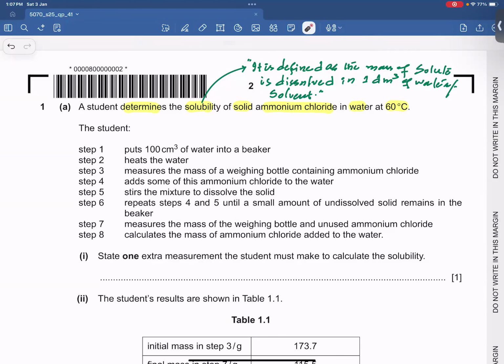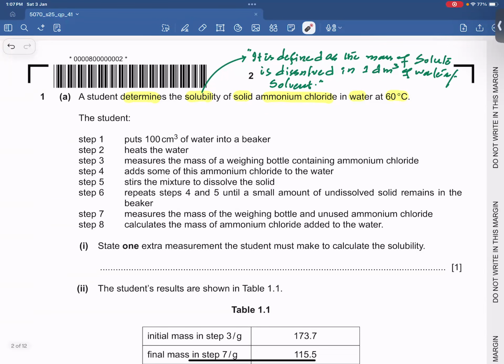And also the examiner is looking for the solubility of ammonium chloride at 60 degrees Celsius. That indicates the solubility depends on temperature.